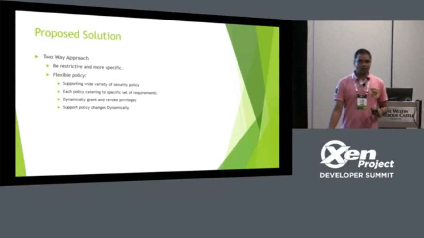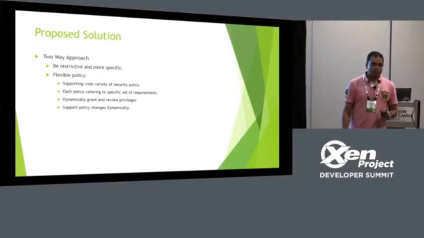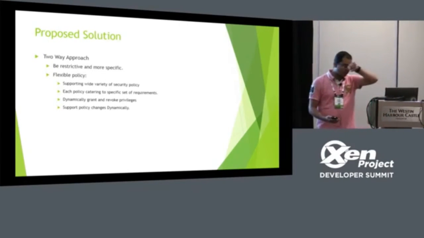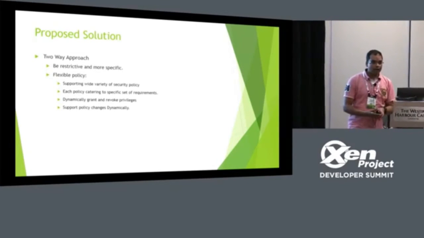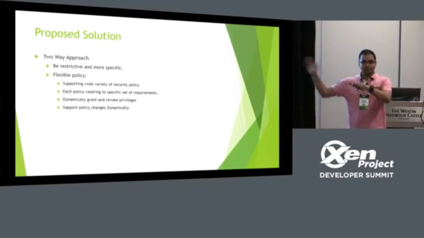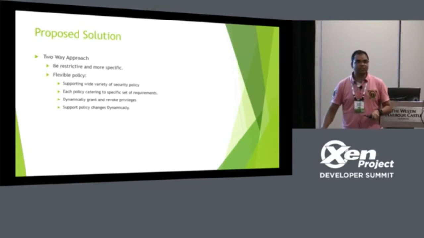Maybe in future, it doesn't require that access. So it should be possible to dynamically change the policy instead of compiling and loading it every time. And we will have a specific set of policies for a specific set of requirements, so the other policies will not be impacted by changing this. That's what we aim for.